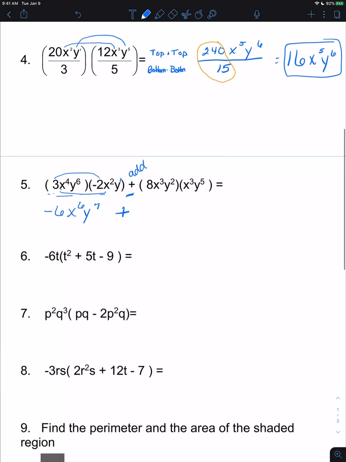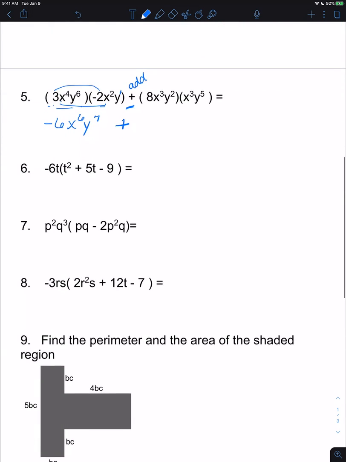Okay, so we've multiplied that term out. Now we're going to multiply these next two together. And so 8 times imaginary 1 is just 8. X cubed times another x cubed is x to the 6th power. And y squared times y to the 5th is 2 plus 5, which is 7.